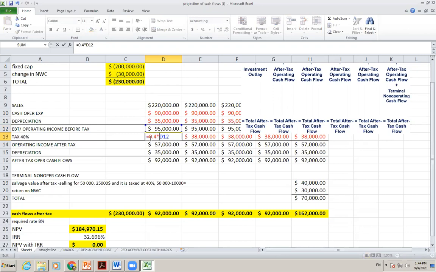How do we get tax? 40% of earnings after deducting all the costs. After you deduct your tax, there is an operating income after tax. To this income, you should add the depreciation back, because depreciation is a non-cash item. It should always be added back when we project cash flows. After-tax operating cash flow is income after tax plus depreciation.